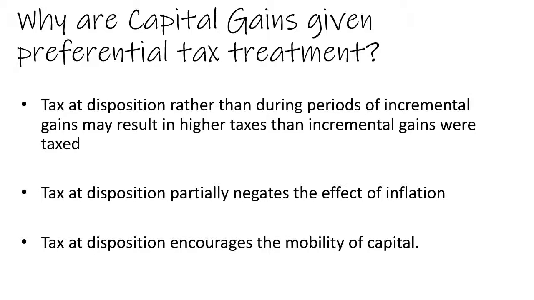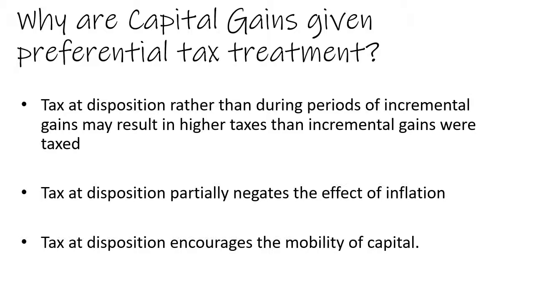So you might ask yourself, why are capital gains given this preferential treatment? Why are they taxed at a lower rate than our normal income? There are several reasons why the tax code makes this exception. First, the tax code requires that capital gains be taxed when they're received or when they're earned.